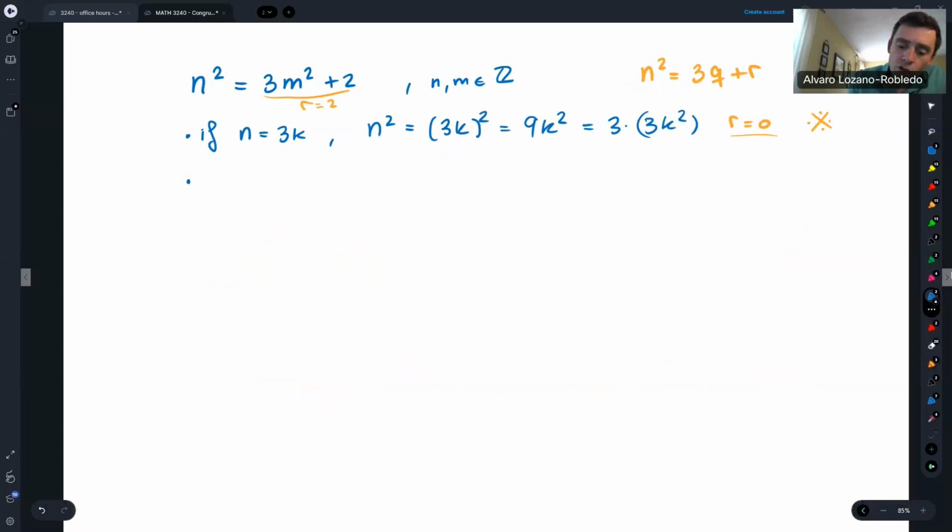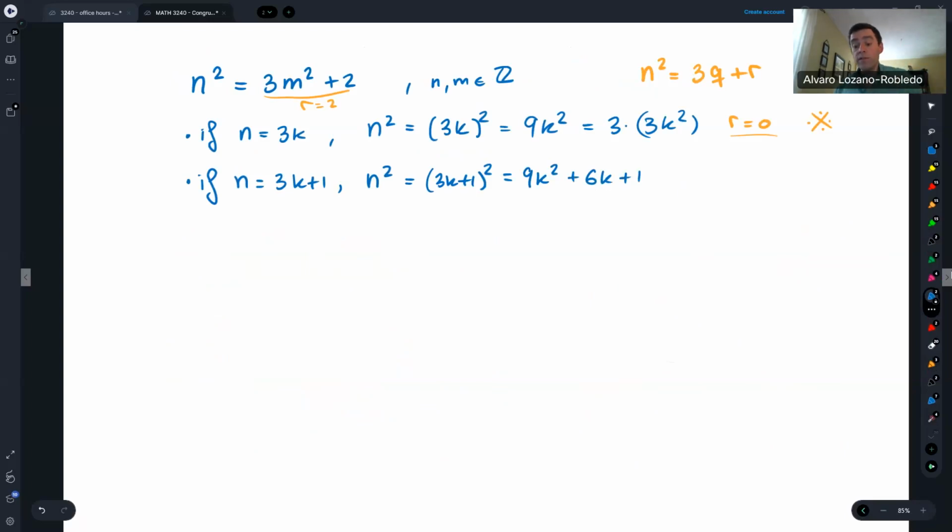Okay, so if n is of the form 3k plus 1, then what happens when I square it? I get 3k plus 1 squared, and that is 9k squared plus 6k plus 1, if I've done it correctly. And this is 3 times 3k squared plus 2k, plus 1.